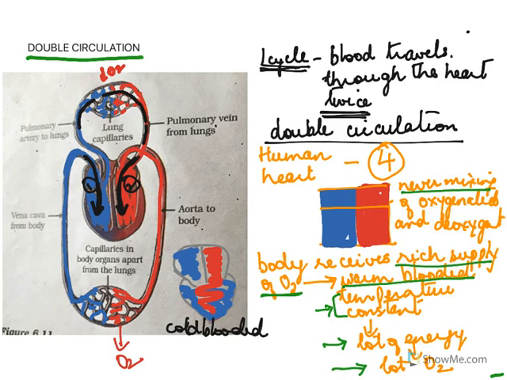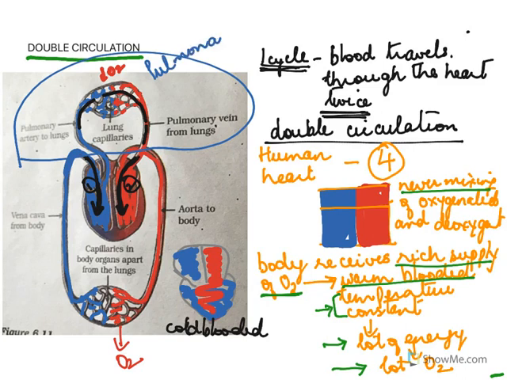There is another point we need to note here. In this double circulation, we have two kinds. This circulation is called the pulmonary circulation. Pulmonary, because it involves the heart to the lungs and back to the heart.